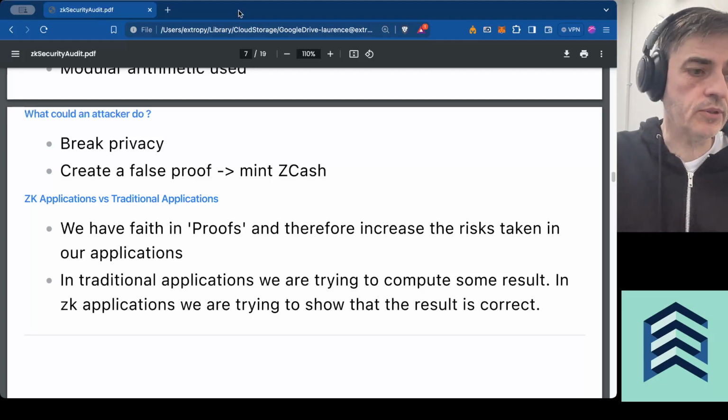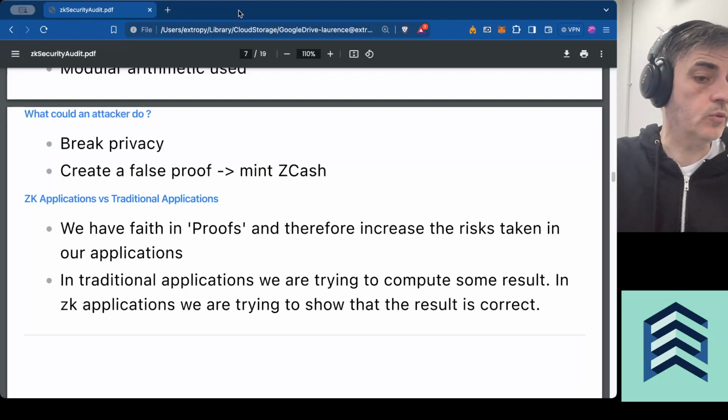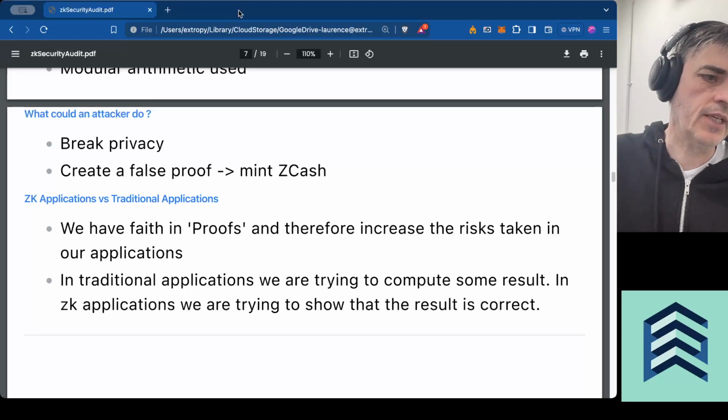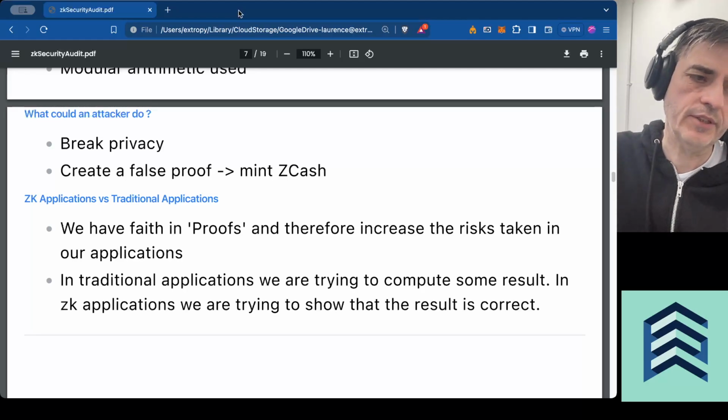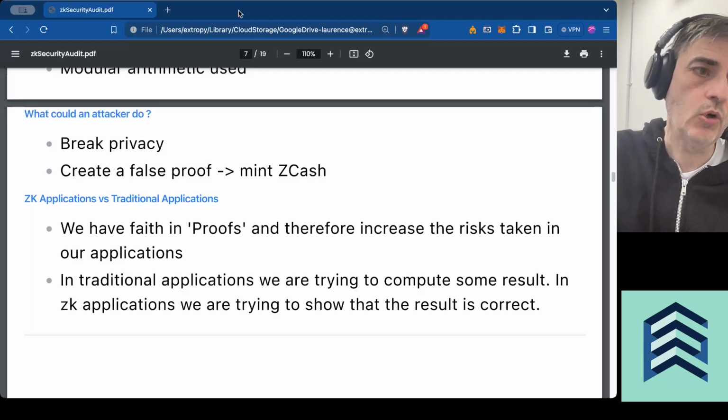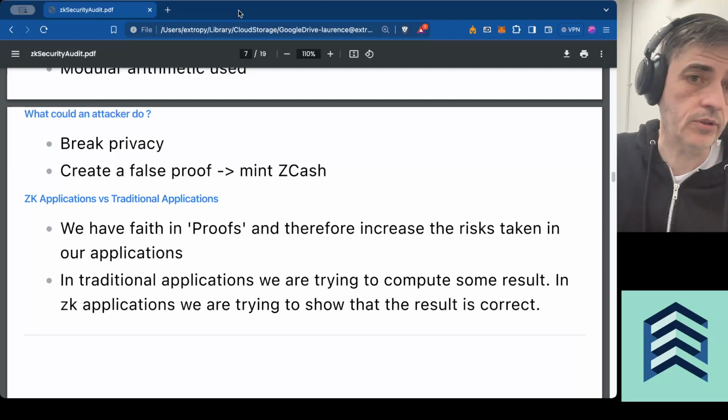So if we were able to create a false proof, what we could do would be to create tokens out of thin air, but then have a proof saying that that wasn't happening, saying that things were working correctly. So this is the type of attack that will be possible if there's a flaw in the way that either the protocol is implemented or a particular application on that protocol is implemented.